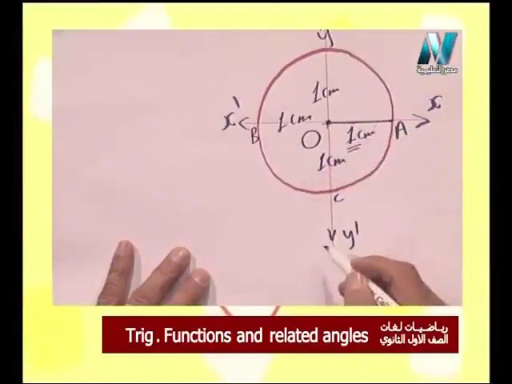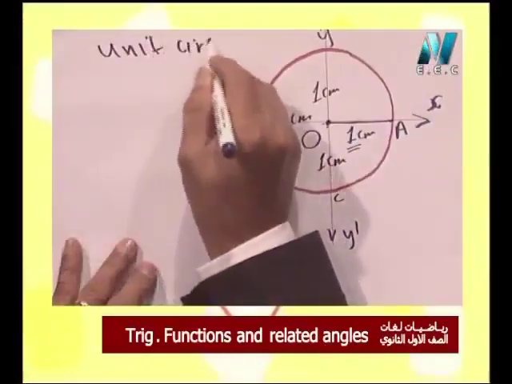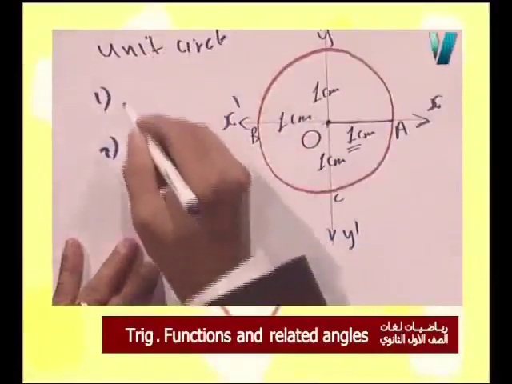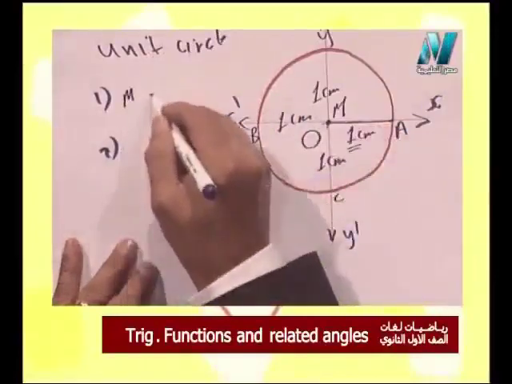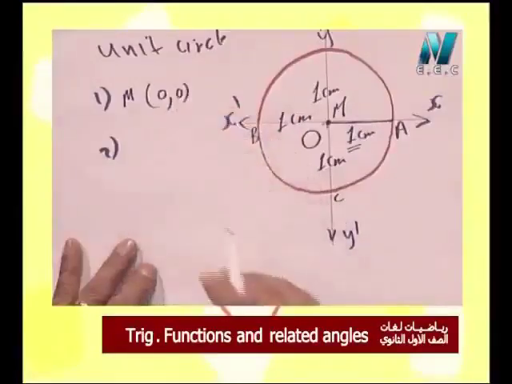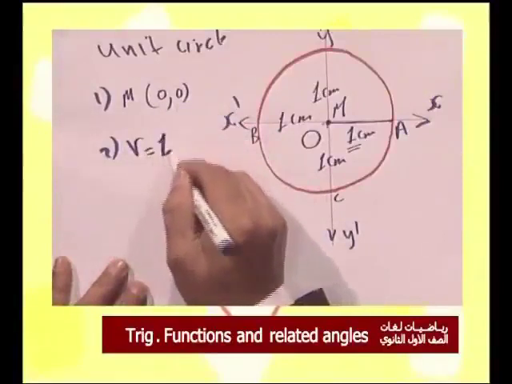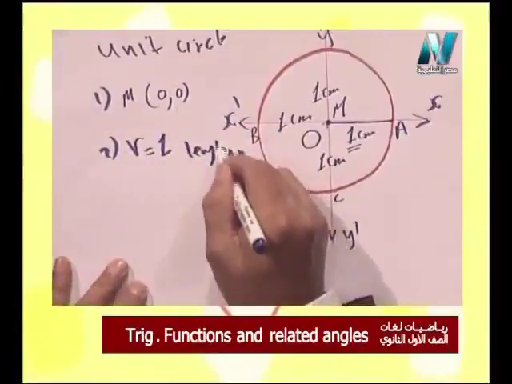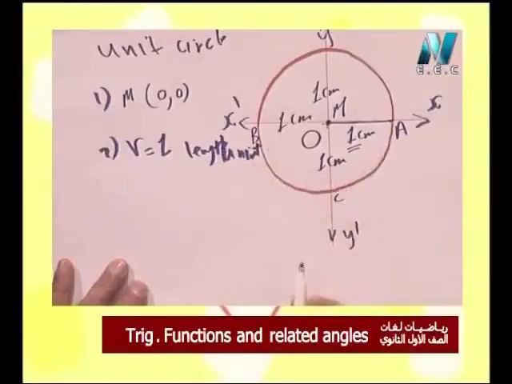So the unit circle has two important conditions. Its center M is the origin point, which is 0 and 0, and the radius equals 1 length unit. So we call it the unit circle.